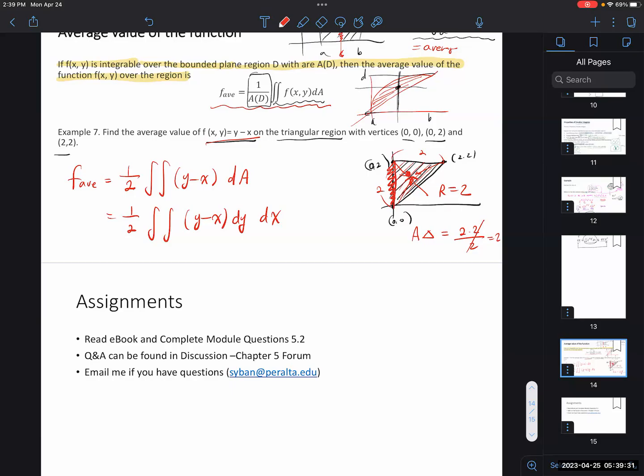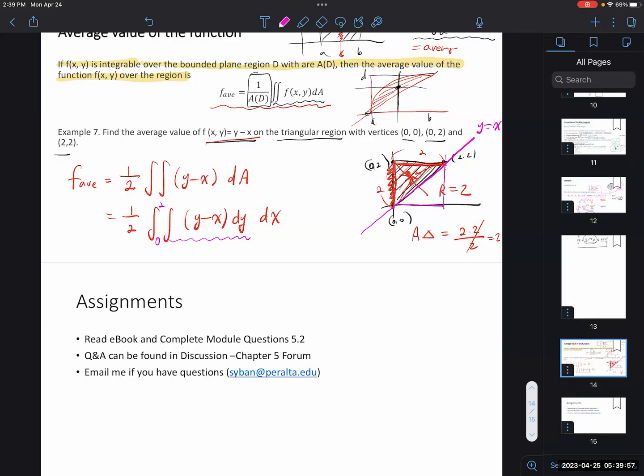This is the y variable, and then the x variable from here, but we have to be careful a little bit because this line is y equal to x. This is the inside, so it's changing. What I'm saying is x is fixed. So x is going to be 0 to 2, correct? So x from 0 to 2.